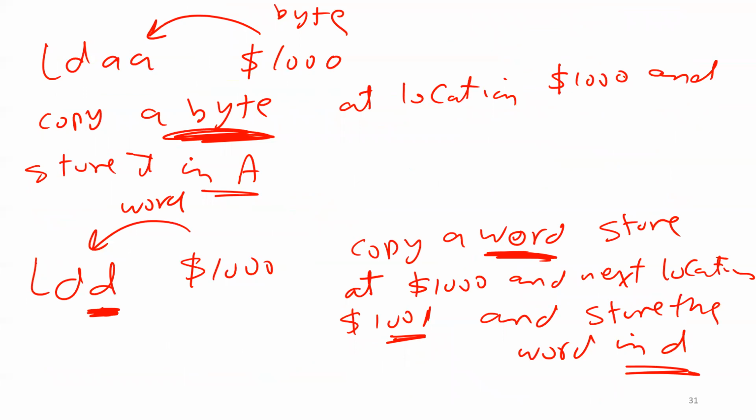That's what I have just explained. When I say load A 1000, I'm going to read the byte from 1000. Number 2, when I say load register G, or we have load X or load Y, all of these registers are words. So I'm going to read words and store them in G or X or Y, starting from 1000, which means 1000 and the next one, 1001.